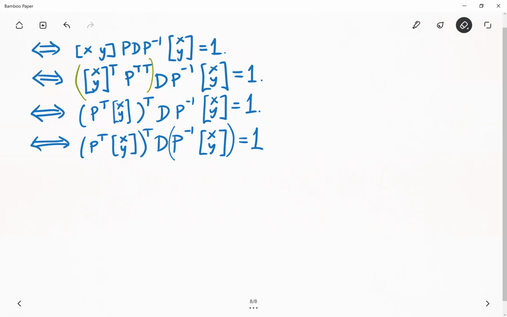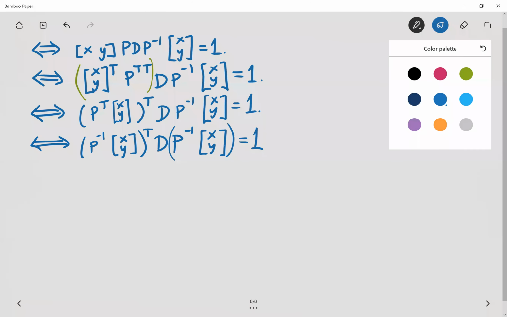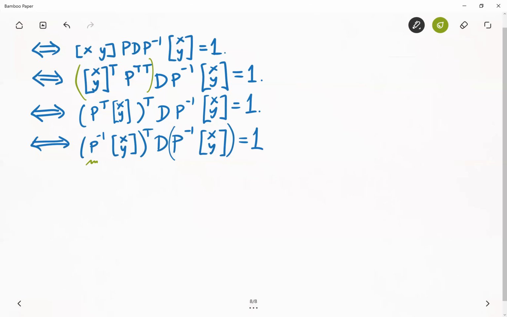And on that very first matrix, P transpose is equal to P inverse, so I can replace P transpose with P inverse. And what you might notice now is that I have the same quantity appearing twice. I'll underline it. I have P inverse xy appearing two times. So I'd like to say, let W equal P inverse xy.